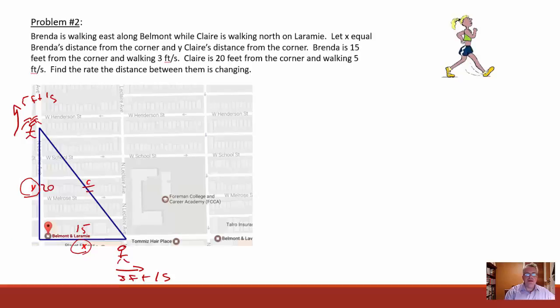Okay. Now, find the rate the distance between them is changing. That's c. Okay, so we can use the Pythagorean theorem. x squared plus y squared equals c squared. Or c squared is x squared plus y squared. All three of these are functions of time. So let's take a derivative. 2c dc/dt would equal 2x dx/dt plus 2y dy/dt.